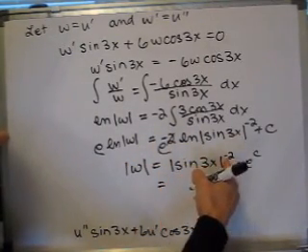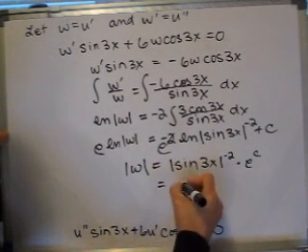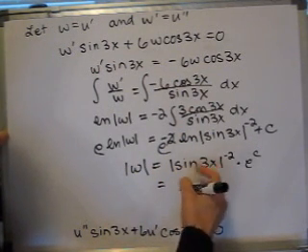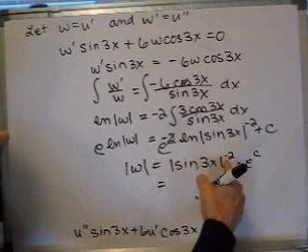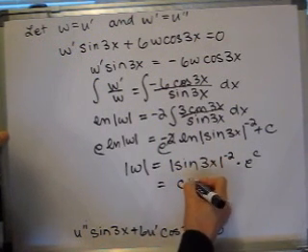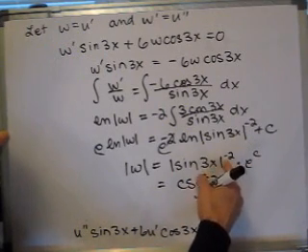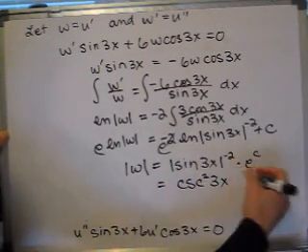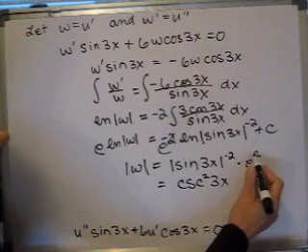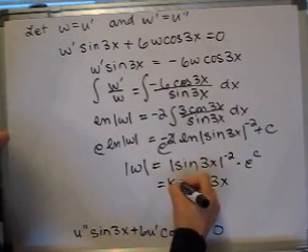Notice that this is going to be squared, so I don't need to worry about the absolute values. So I'm ending up with the sine to the negative 1 is the cosecant. So I'm going to get the cosecant squared of 3x, taking care of this negative power by making the sine its reciprocal. And that's going to be times e to the c, which is just a constant k.